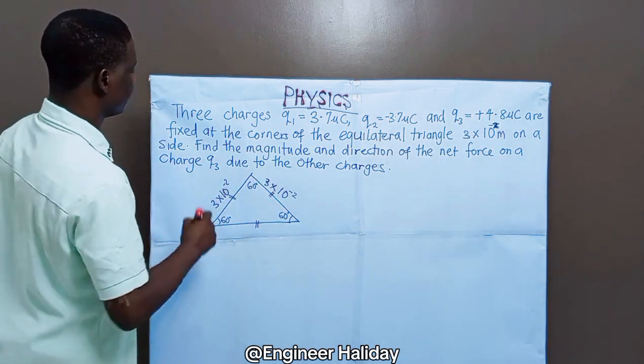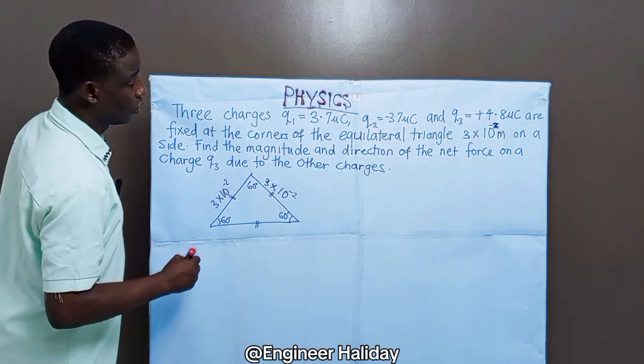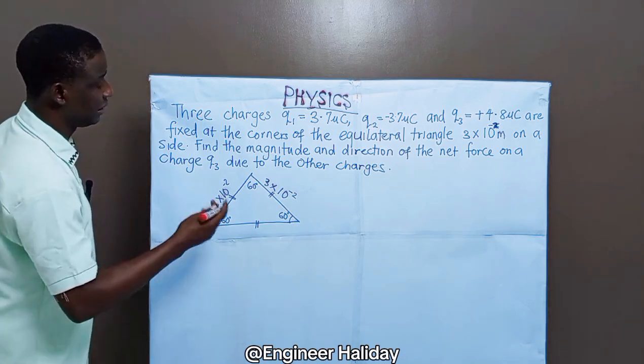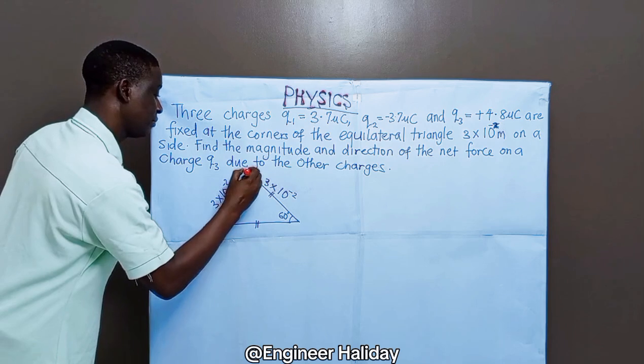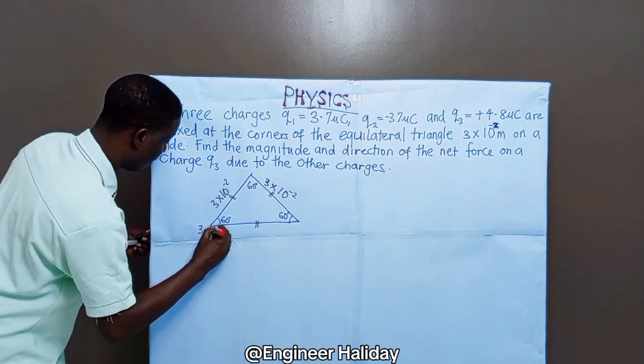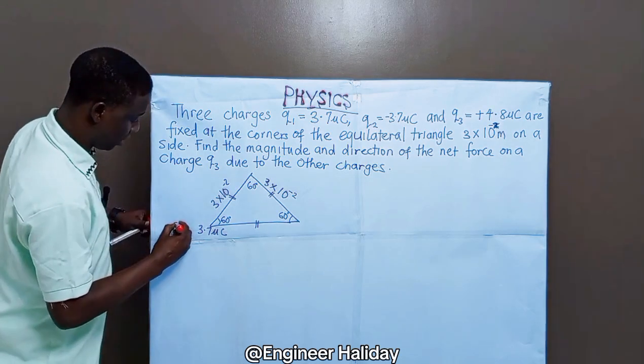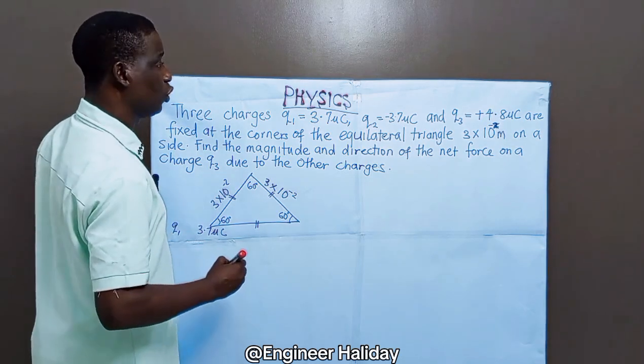Now, they said three charges. Let's place Q1 on this side. Let's put Q1 here, 3.7 microcoulombs. Then they place Q2.